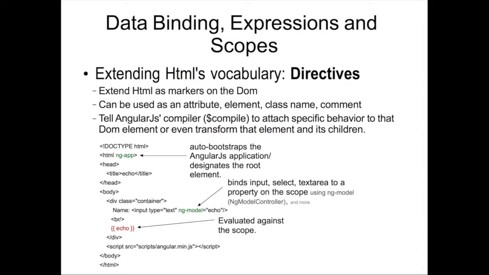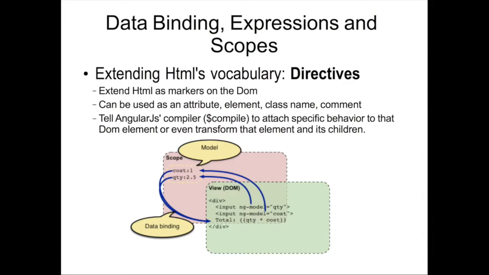So that's binding it to the scope, that's evaluating it. It's all happening magically. So here's an image taken right out of the Angular documentation describing what's going on. This is applying your input to the model, and this is reading it out or binding it.